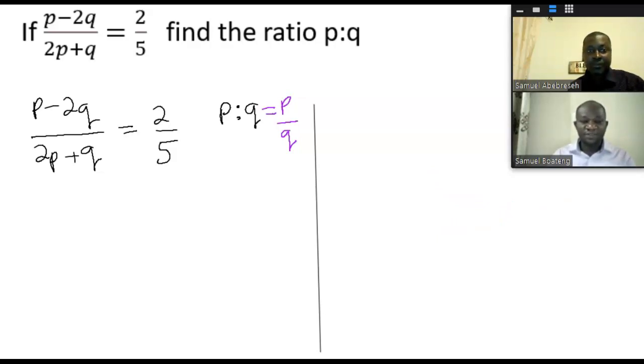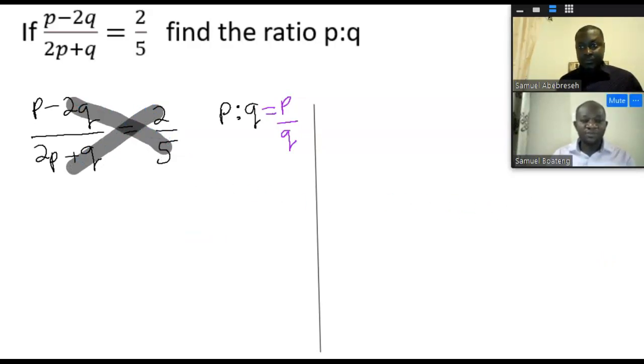So let's come back to the main question. We can cross multiply, or at the same time find the LCM. Whichever way you do it, you still get your answer. So let's do cross multiplication.